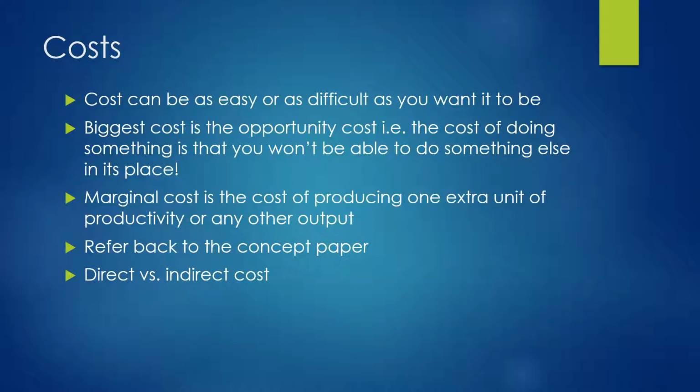Now, opportunity cost is the cost you incur by foregoing the opportunity of using it somewhere else. For example, if I'm going to invest 1 million in the management of asthma in my CCG area, then I can't spend that million on any other option. I cannot spend it on diabetes.